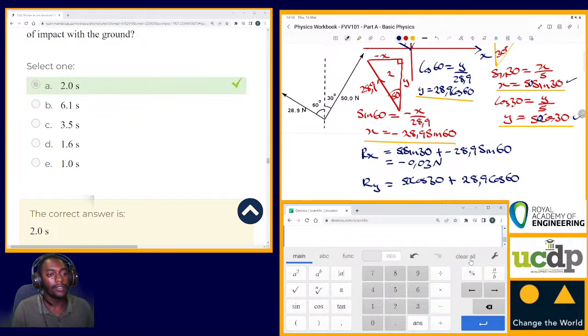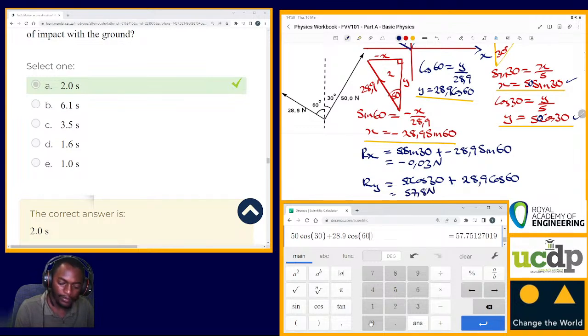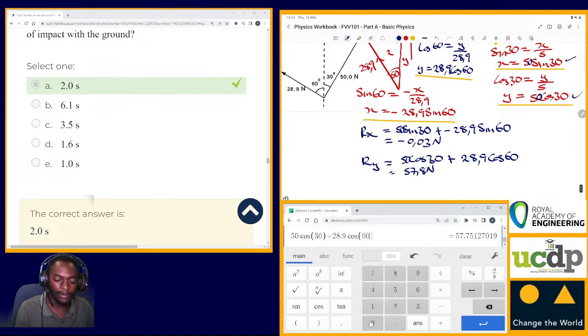Then here, it becomes 50 cos 30 plus, we get 57.8. Now, once we've done this, our problem is half solved.